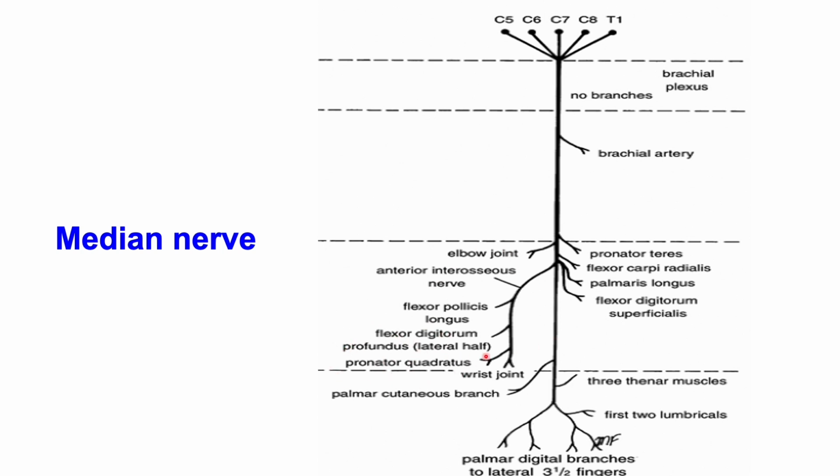Okay, so these are supplied through a branch of the median nerve, that is the anterior interosseous nerve, but the other muscles are getting branches directly from the median nerve. Then it also gives a palmar cutaneous branch which supplies the lateral half of the palm area.